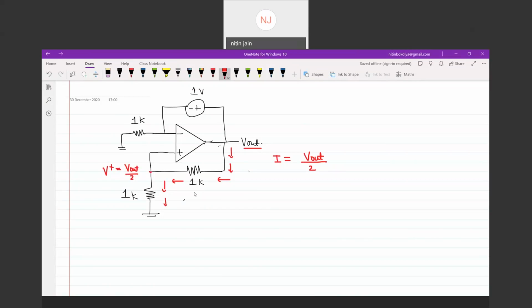If I say this circuit is working in linear region, then I can say this potential is also V out by 2. So can I apply the KVL?